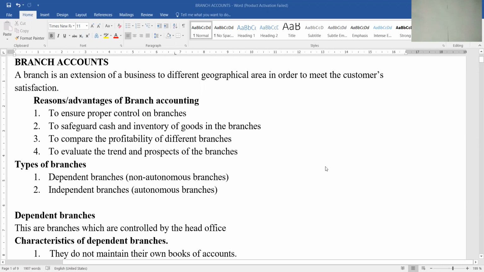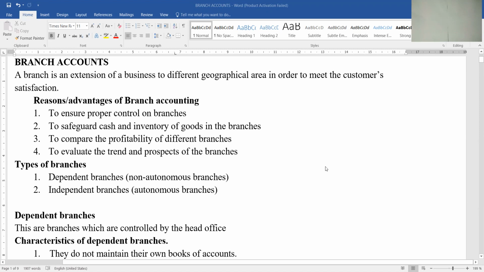So, the reasons, or advantages, of branch accounting. Why do we carry out branch accounting? What are some of these advantages? The first is to ensure proper control of branches. Obviously, for the head office to control the operations of the branch, it has to do the relevant accounting.